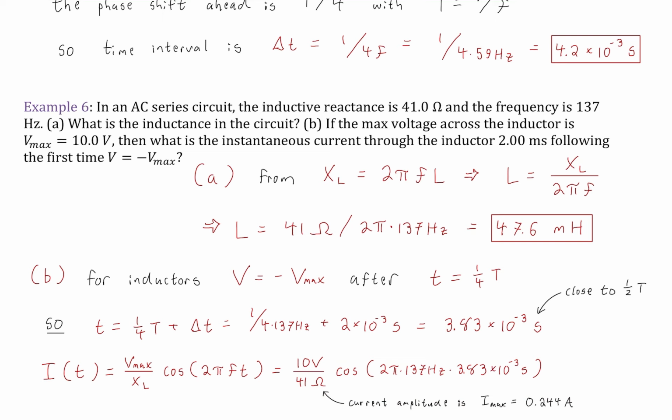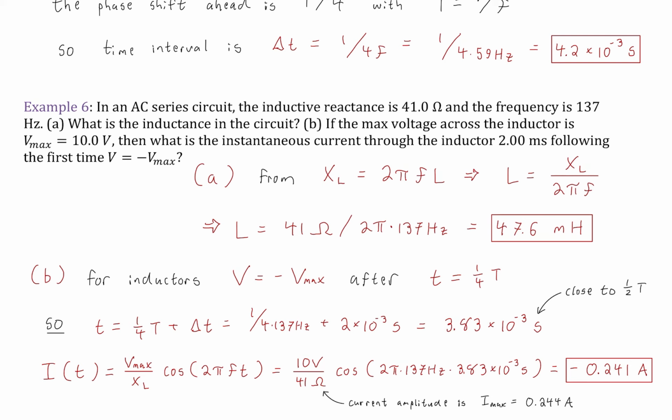Okay, so we're getting to a point. I said this is close to half a period, so that's going to correspond to almost no voltage across the inductor. Almost no voltage across the inductor should correspond to almost maximum current, because whenever the current is almost maximum, the inductor has basically no voltage across it.